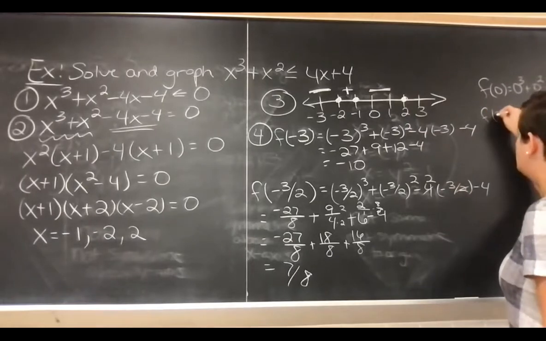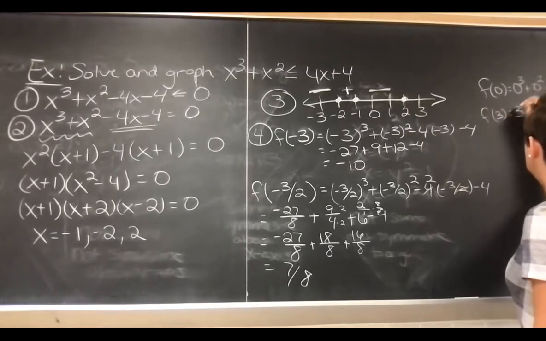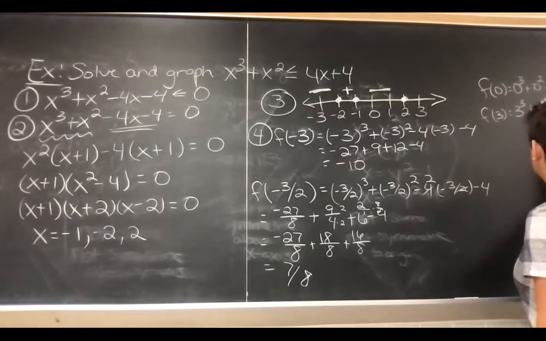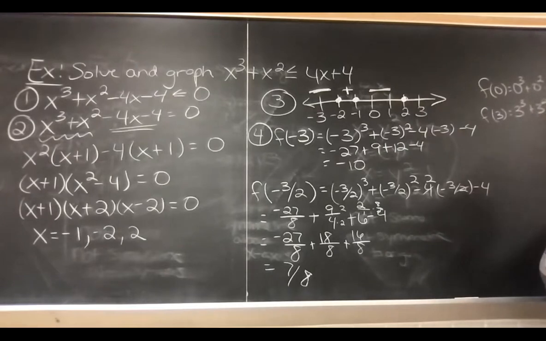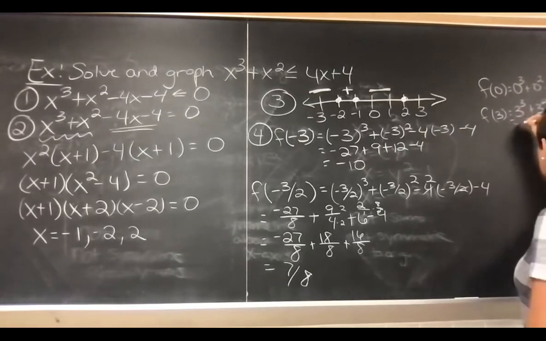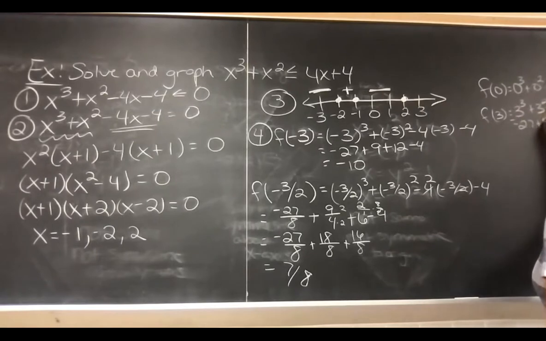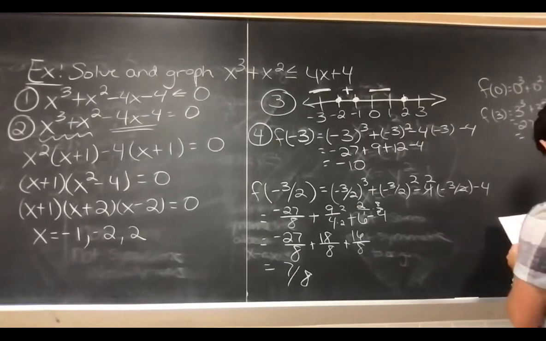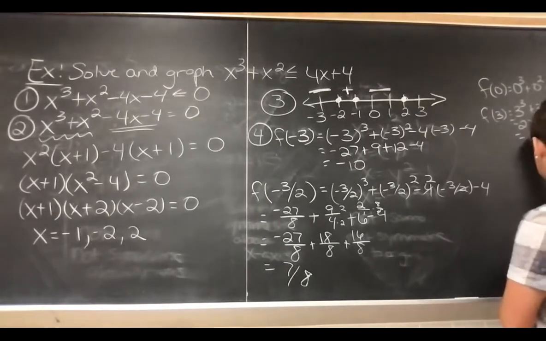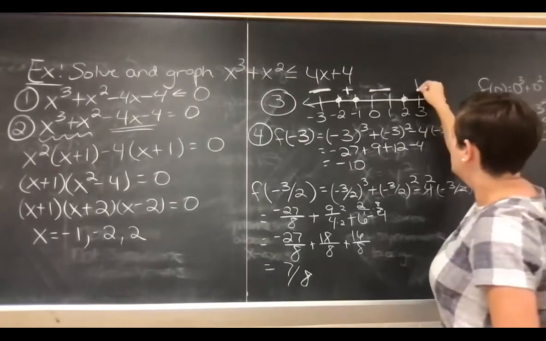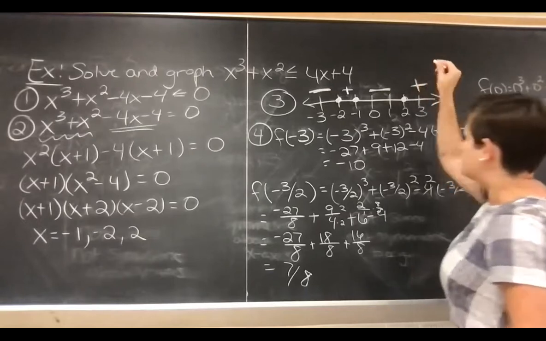Then I'm going to do f of 3: 3 to the third plus 3 squared minus 4 times 3 minus 4. 27 plus 9 minus 12 minus 4 equals a positive 20. Positive.